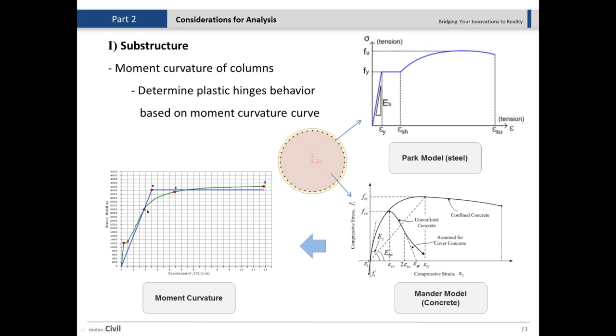But if you are using software like MIDASoft, you can not only define bilinear elastic, perfectly plastic curves, but also use the Park model, which gives you the realistic behavior of the steel. As you can see, it uses the strain hardening part and goes all the way to the ultimate capacity of the steel. So this is pretty helpful.